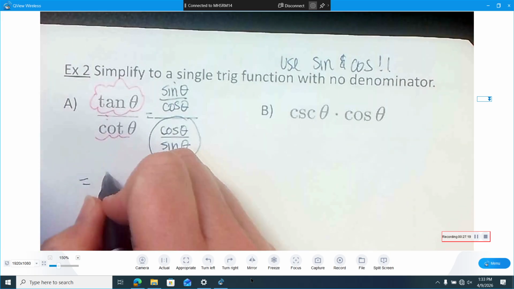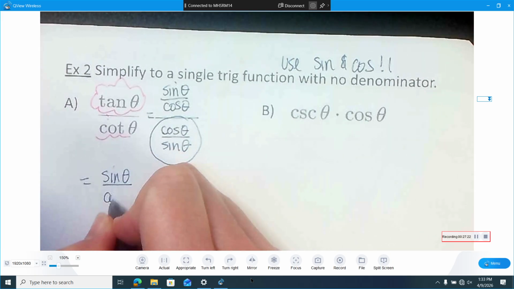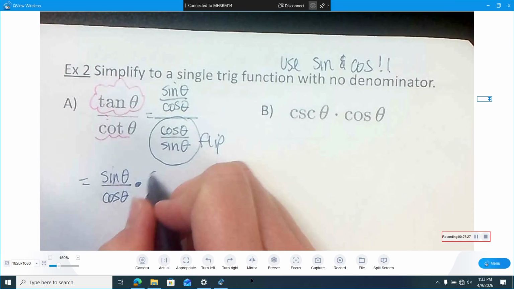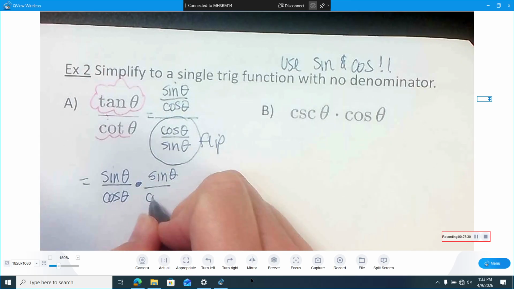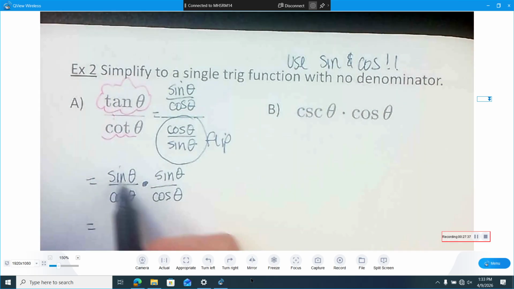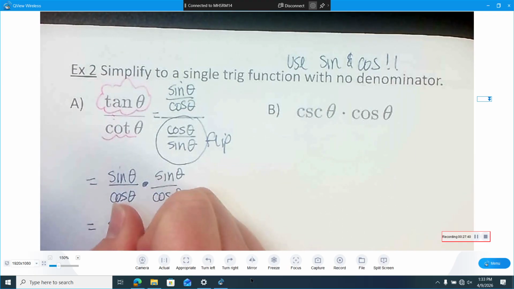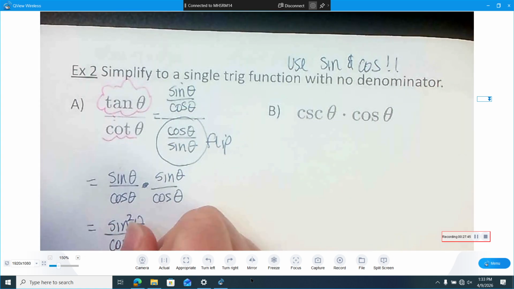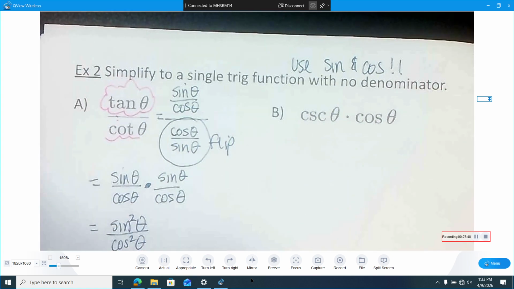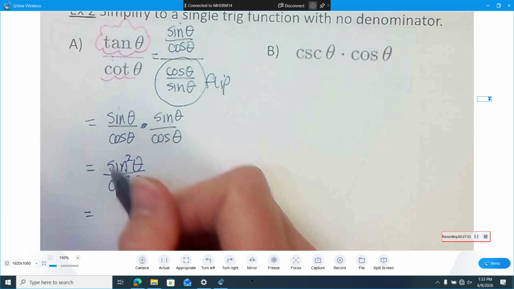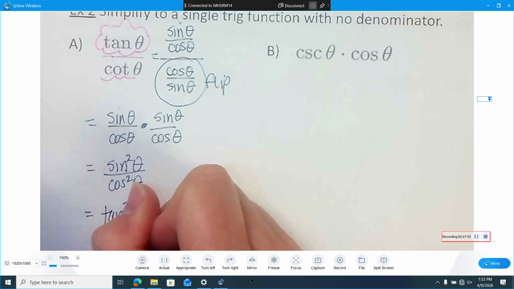Multiply by the reciprocal. So I have my sine over cosine times, I'm going to flip that, sine over cosine. How do you multiply fractions? Straight across. So sine times sine is sine squared theta, and cosine times cosine is cosine squared theta. I need a single trig function. Sine over cosine really is just tangent squared theta.